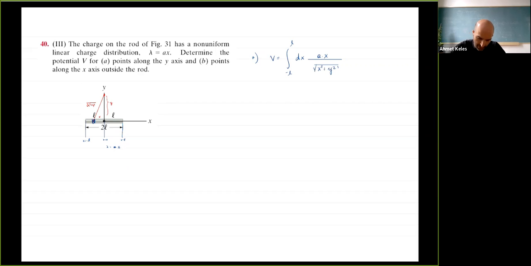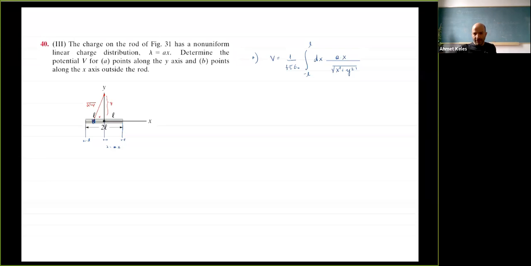And I forgot to put 1 over 4 pi epsilon naught. All right? Any objections?